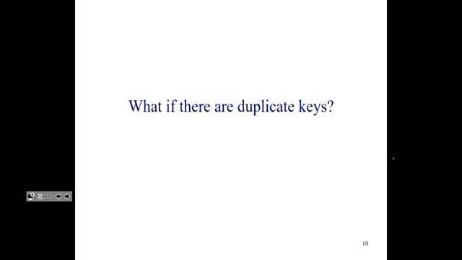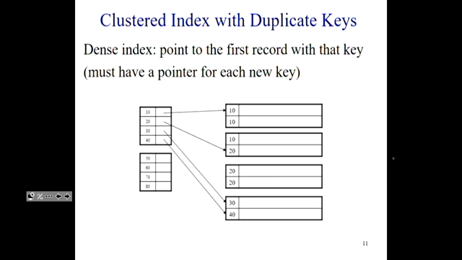So far we've assumed that the keys are unique, but what if there are duplicate keys? So here's a clustered dense index with a duplicate key. Unlike the case with unique keys, where in a clustered dense index you need to ensure that every single tuple has a pointer associated with it, in this case you don't need to ensure that.